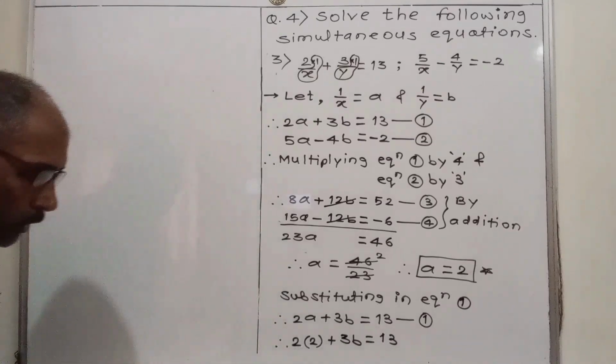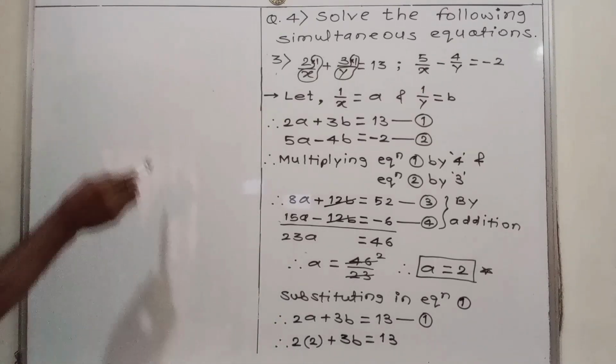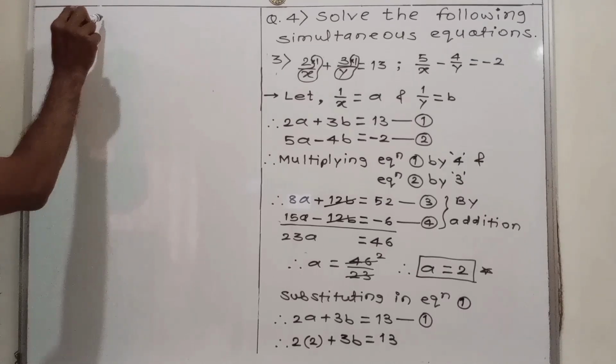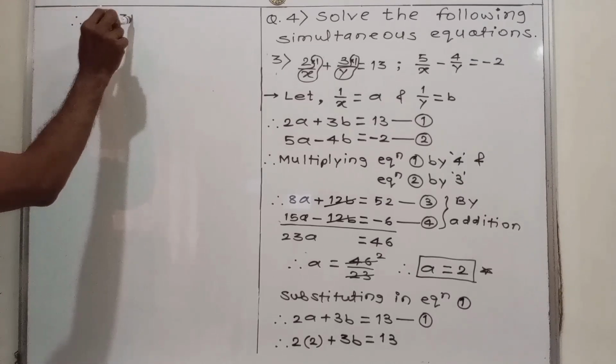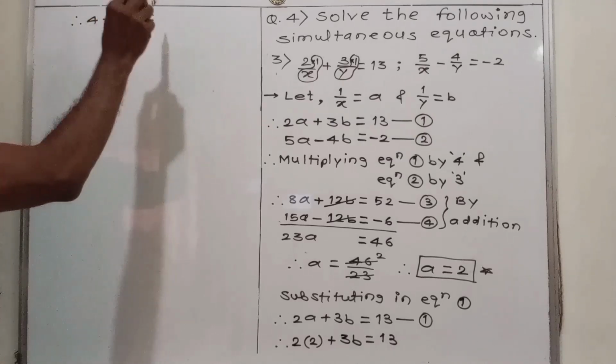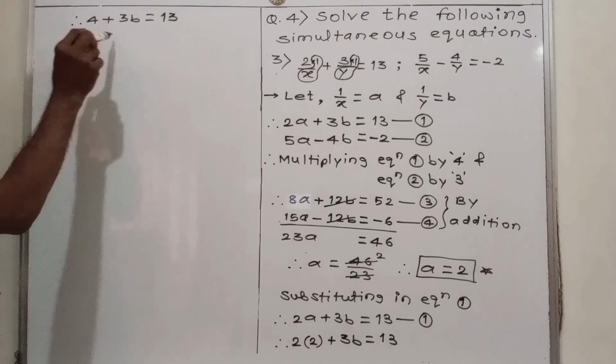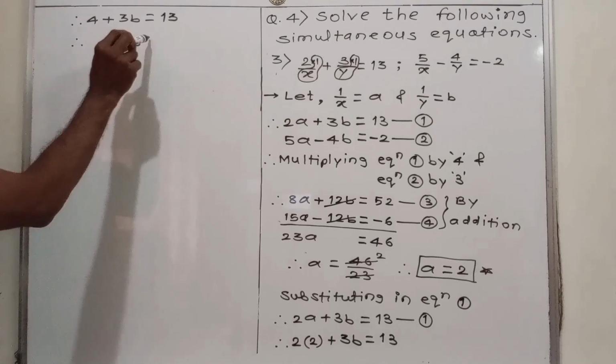Did you get it? Now 2 into 2, 4, plus 3b is equal to 13. We take like terms together.